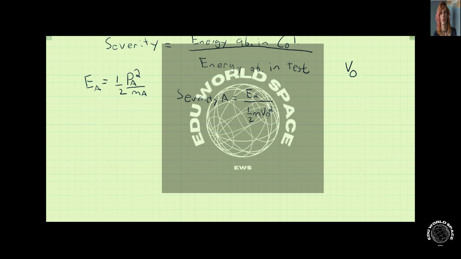No matter what, in the test case, the car is going to hit the wall and end up at rest, and that means the energy absorbed in the test case is given by the kinetic energy it had prior to hitting the wall.